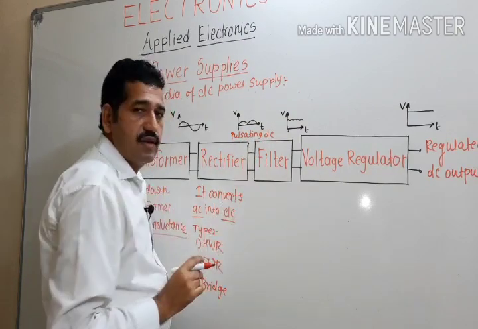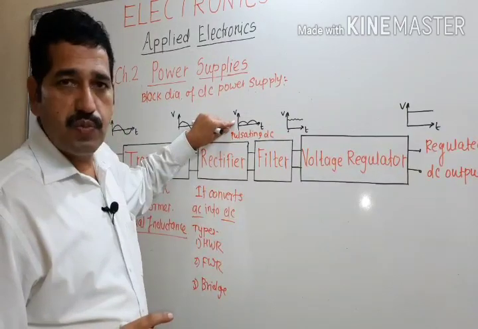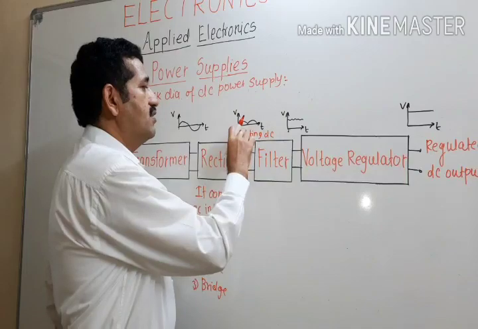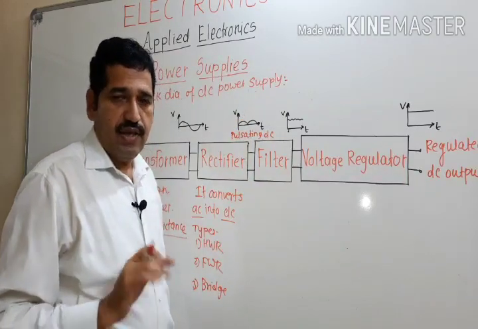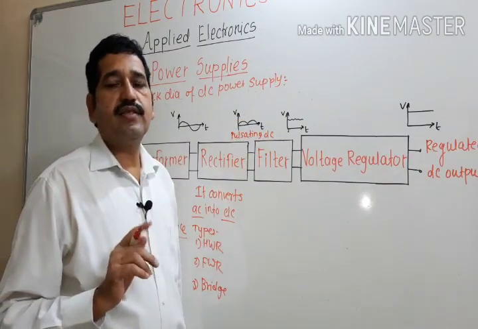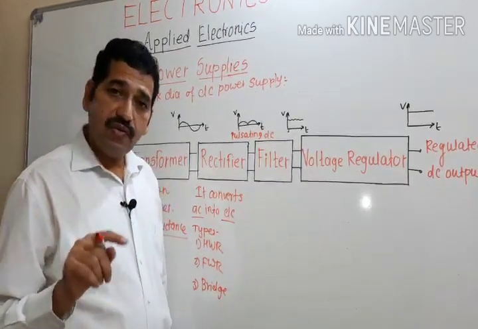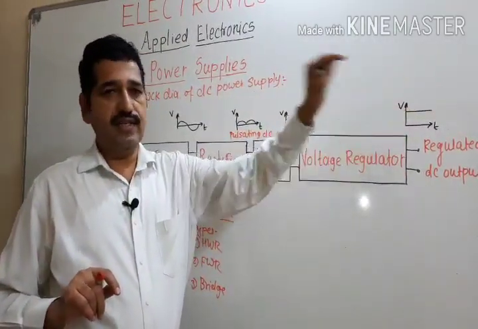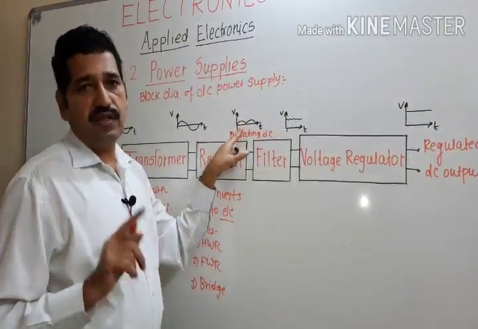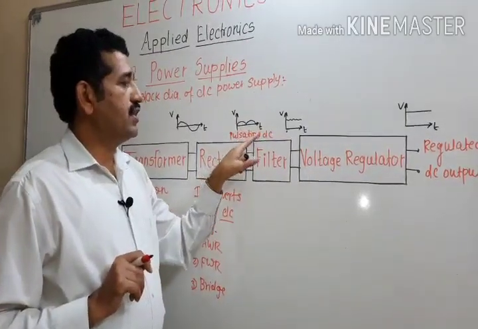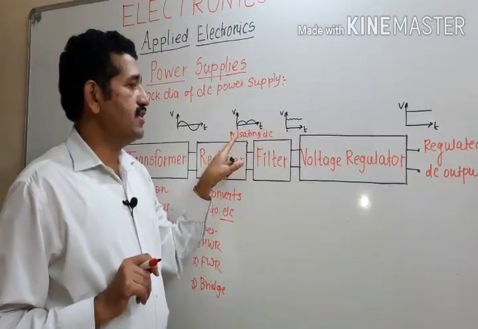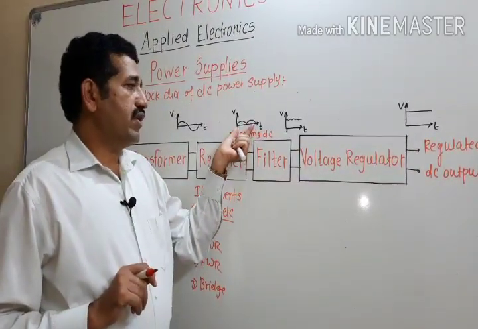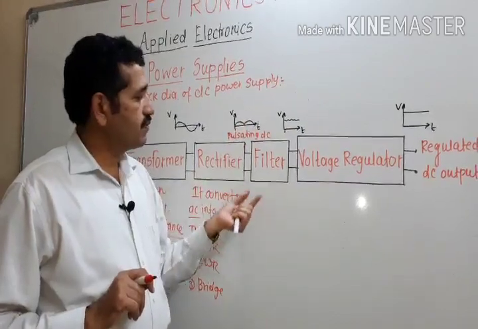Pulsating DC means a rectified output which consists of AC ripples. AC ripples are unwanted AC components present along with DC. So output should be like this, straight DC, but some AC ripples are present along with DC. So this output is called pulsating DC. Okay, so this is full wave rectifier, or bridge rectifier.